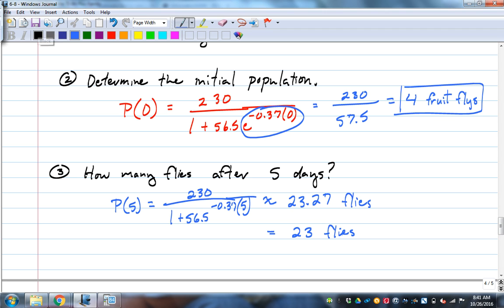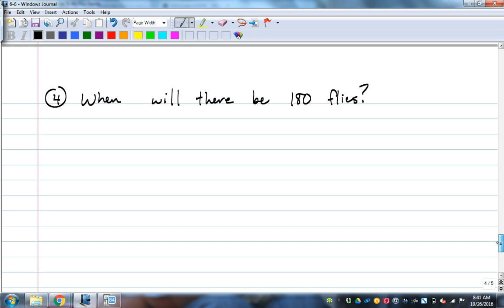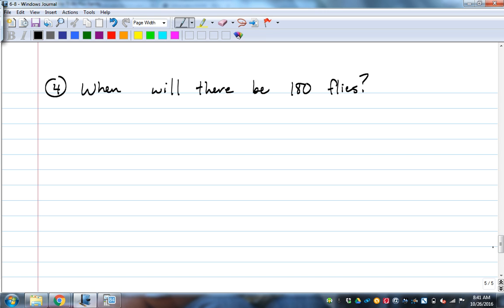And here's where it gets a little tougher, part 4. When will there be 180 flies?